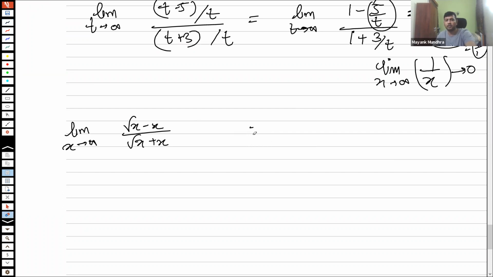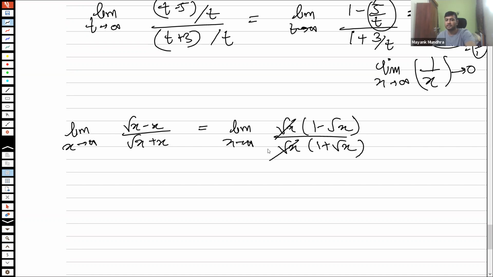I definitely cannot solve it right now. So what I need is to remove something. So what I do is I take root x common. So this becomes limit x tending to infinity root x times 1 minus root x upon root x times 1 plus root x.